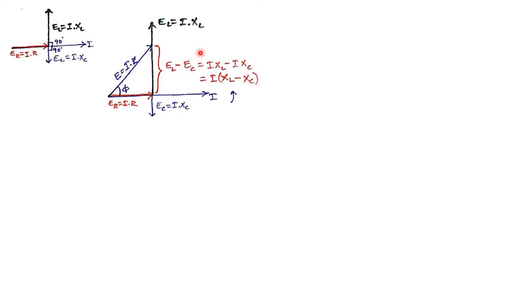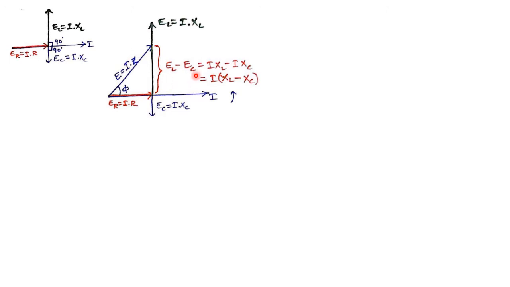So when XL was greater than XC, that itself decided the nature of the circuit as inductive, but from the vector diagram also it is justified, because we observe voltage is leading the current by an angle phi, or current is lagging behind the voltage by an angle phi. That happens only in an inductive circuit.